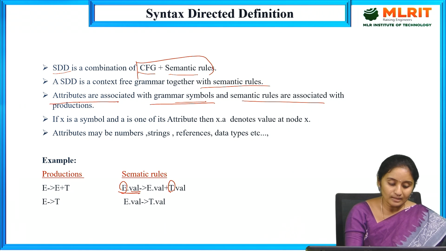Here E is the grammar symbol and val is the attribute. Val is the attribute and E is the grammar symbol.